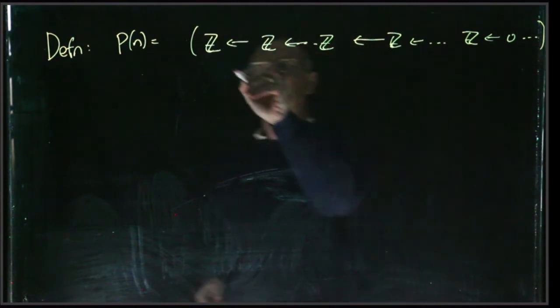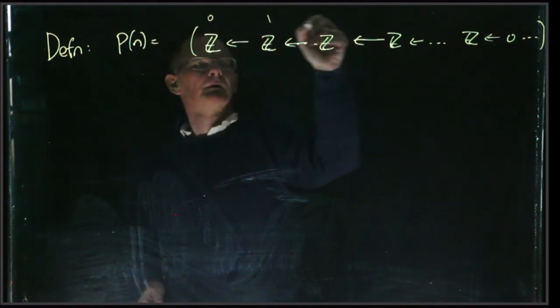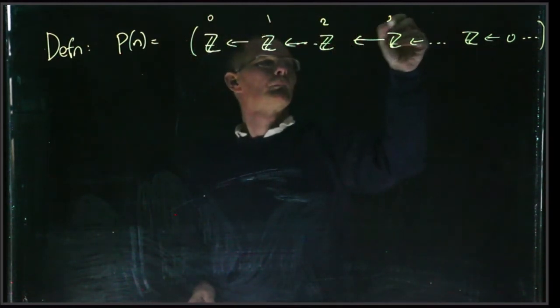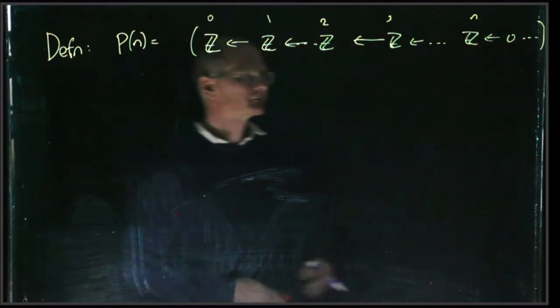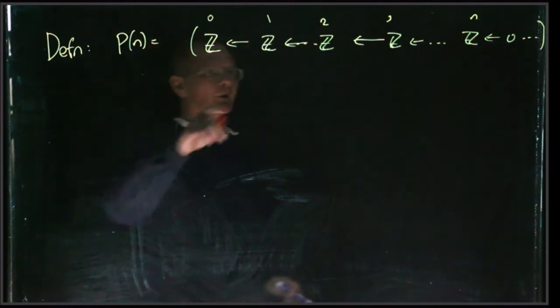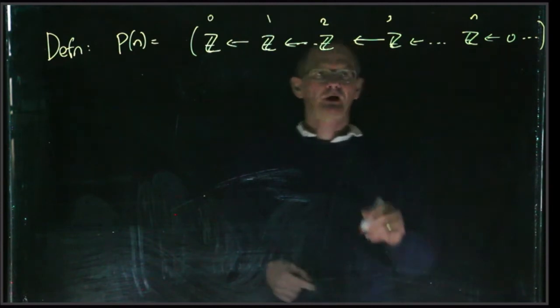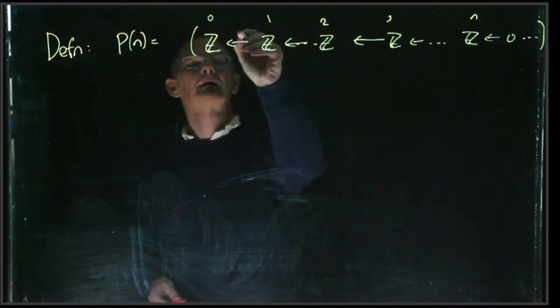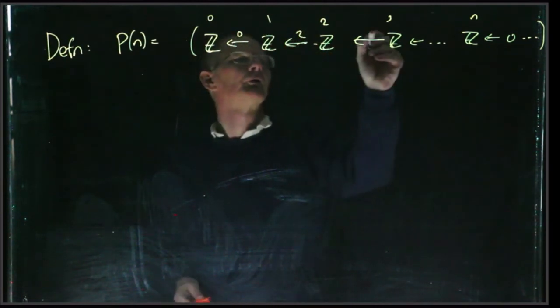In a chain complex like this, with a copy of Z in every degree from 0 up to n, the differentials are going to alternate between 0 and 2.